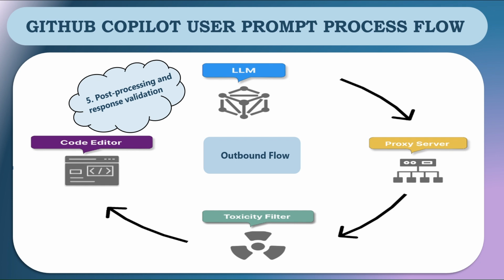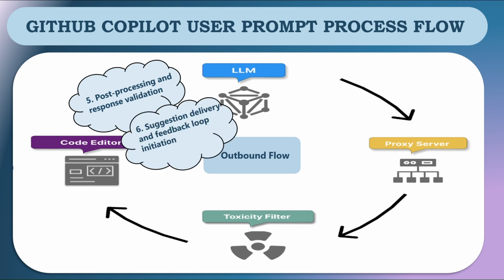The proxy server then applies a final layer of checks to ensure code quality, security, and ethical standards. Some of these checks include code quality and matching public code. This matching public code check is optional, and developers can enable this check if it is needed. Otherwise, it is not enabled by default.